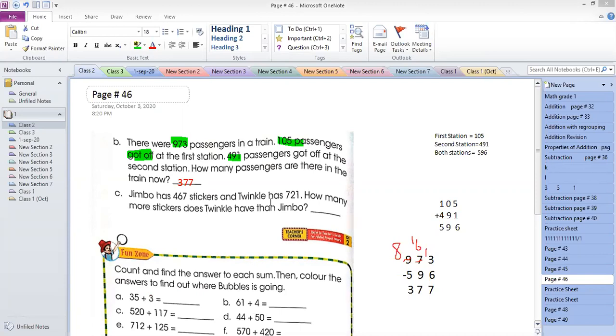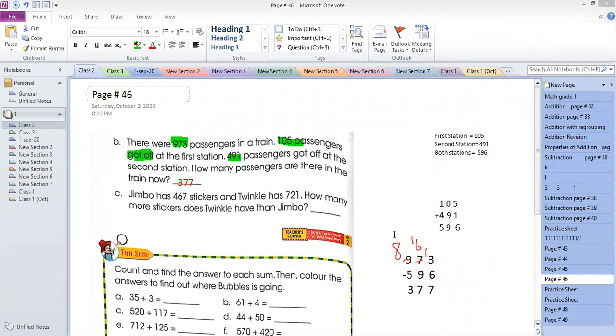And how many stickers Twinkle is having? 721. So the question wants to ask how many more stickers does Twinkle have than Jimbo? I know that Jimbo is having less stickers, Twinkle is having more, but how many more? How many more stickers should Jimbo buy if she wants to have same number of stickers as Twinkle?